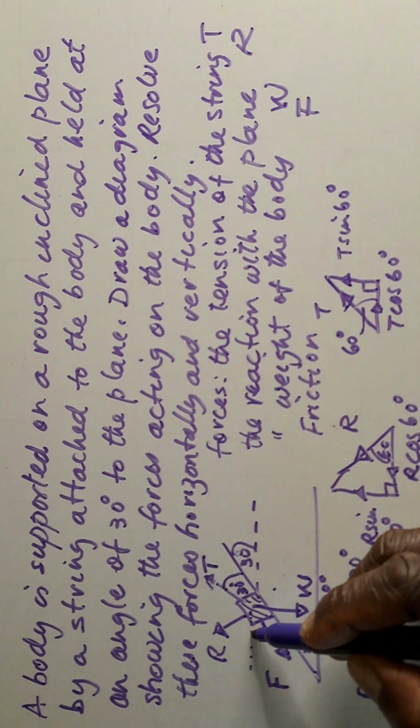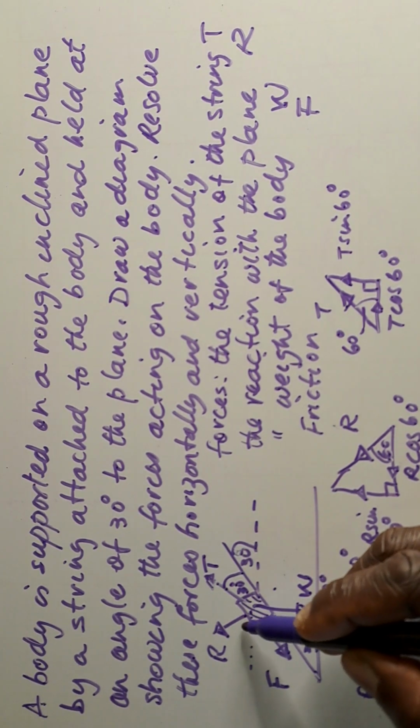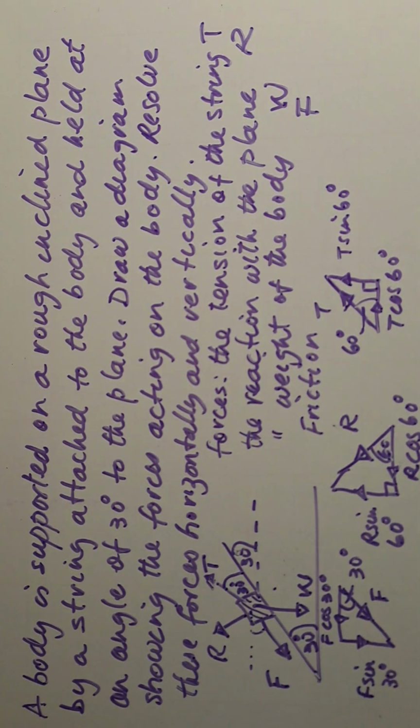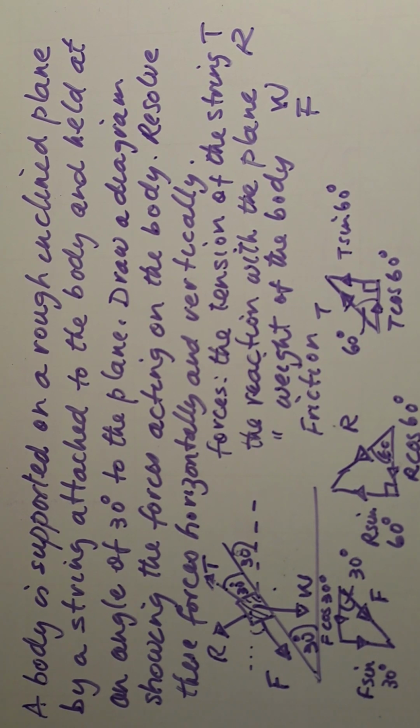We know here, for similar triangles, this is 30. So this remaining angle here must be 60 degrees. And so that's how we worked out the angle for the reaction, and also similarly for the tension in the string.